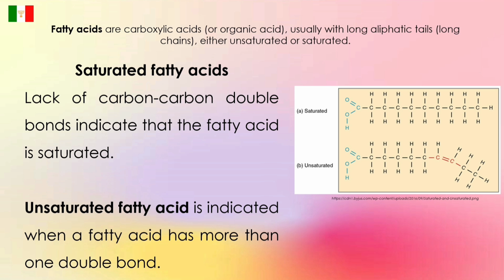And saturated fats tend to be solid at room temperature. Unsaturated fatty acid is indicated when a fatty acid has more than one double bond, and they tend to be liquid at room temperature.